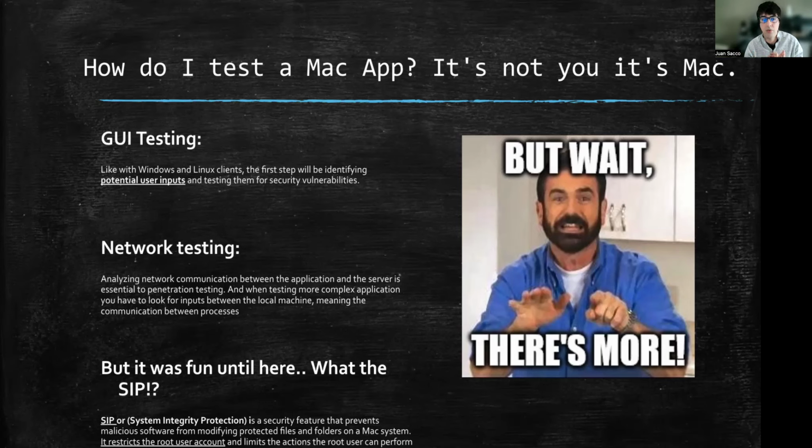So here I'm showing you how, using the command codesign -dv, and then listing the entitlements of this application, Organism Mac.